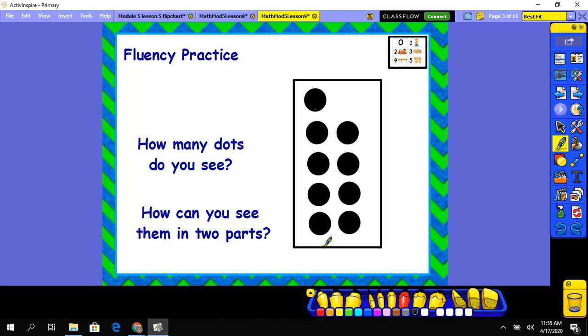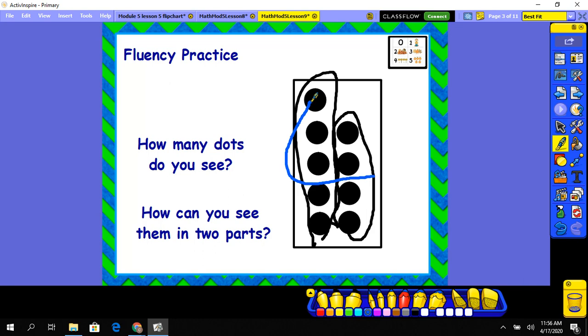Some people might say, I see 5 dots in this row, and I see 4 dots in this row. 5 and 4 make 9. Do you see it a different way? You could. Some people might say, I see the 5 and 4 like this.